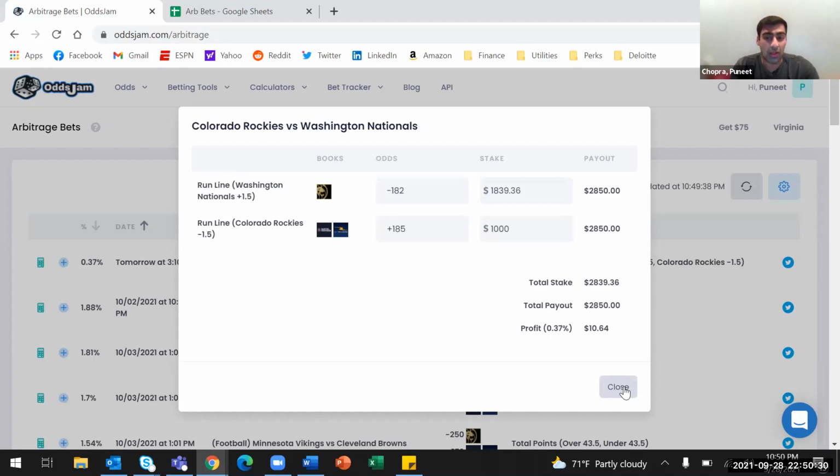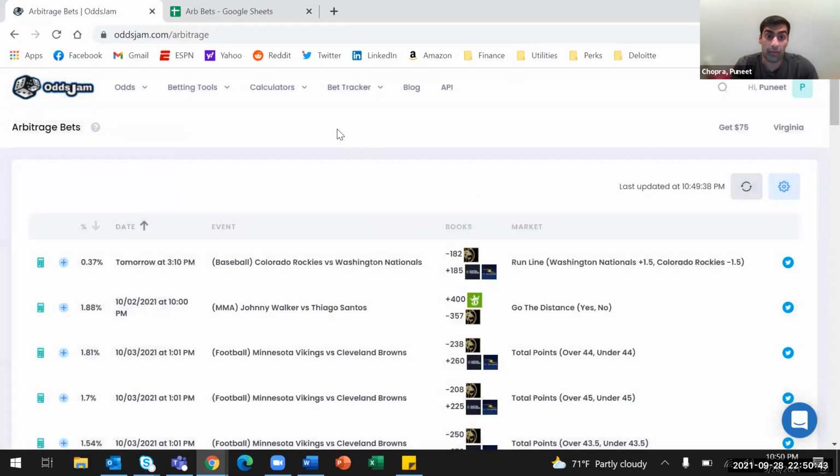You're literally making $10 for doing nothing, because your money's either going to be sitting in your balance on these sports books, or they're sitting in your bank account. This is a form of investing that I really am behind, and I'm really enjoying so far my time with this.